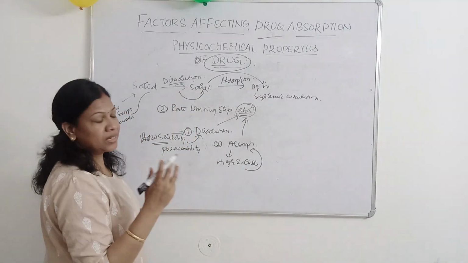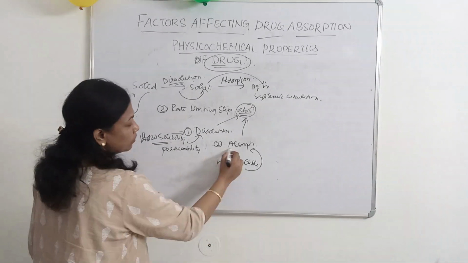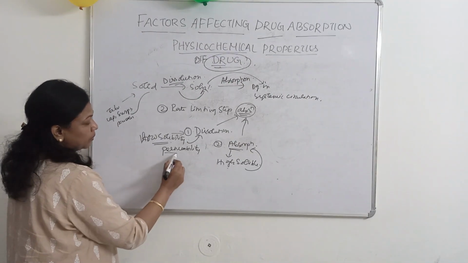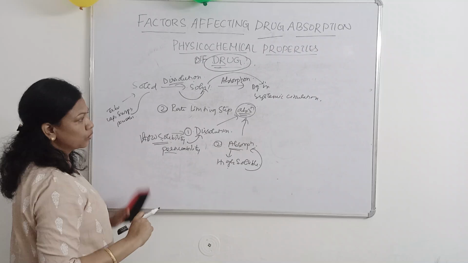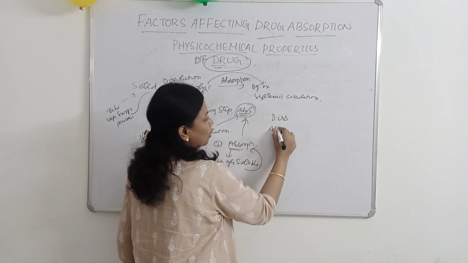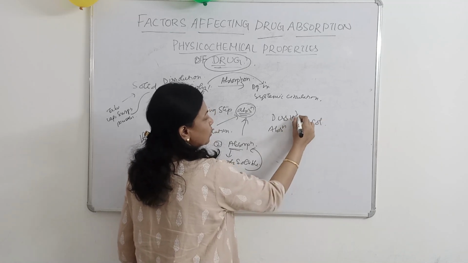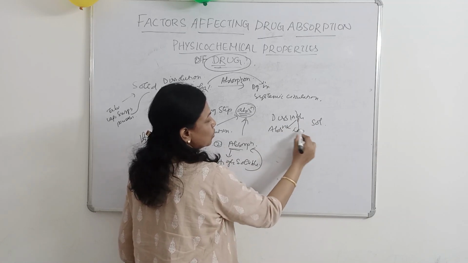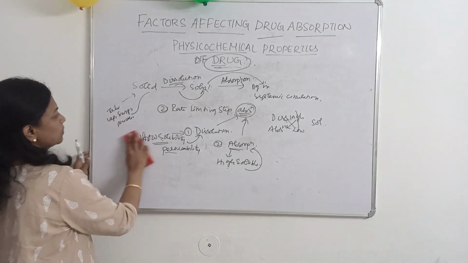Hydrophilic materials have difficulty in permeation through the biological membrane. So absorption will be the rate limiting step for highly soluble drugs, whereas dissolution will be the rate limiting step for poorly soluble drugs. It depends upon the solubility of the drug. High solubility will have absorption rate limited. Low solubility will have dissolution rate limited steps.